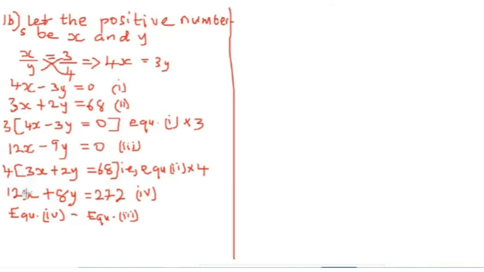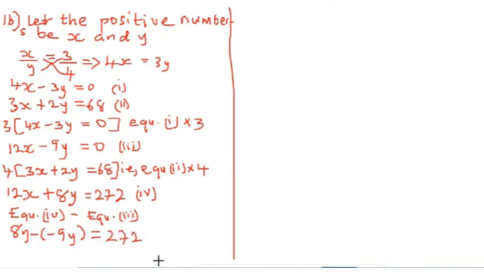So 12x minus 12x is eliminated. Now I have 8y minus minus 9y, and 272 minus 0 gives us 272.